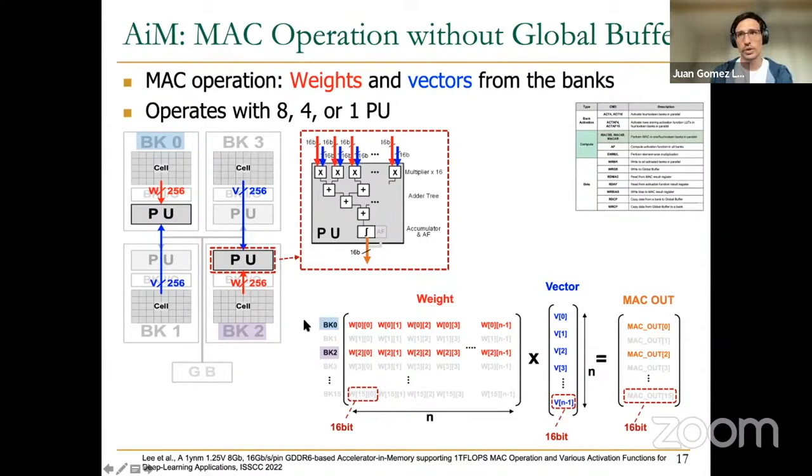So this is one example where in the first iteration we would be computing on the PU in bank 0, performing this dot product operation of the first row of the weight matrix and the vector, and bank 2 at the same time. And in a later iteration, we would compute on the remaining rows, like this one here, row 1 or row 3.